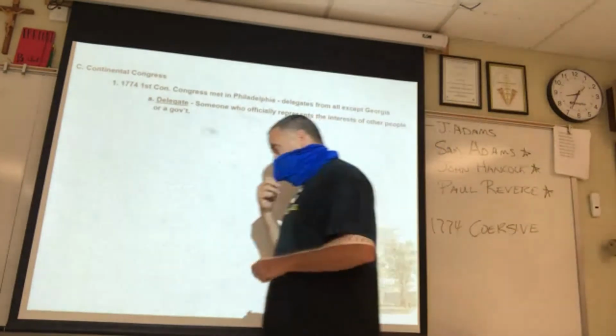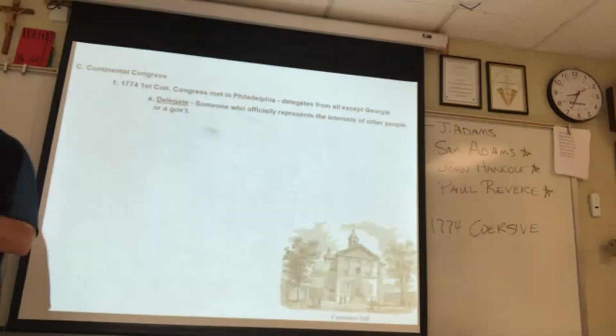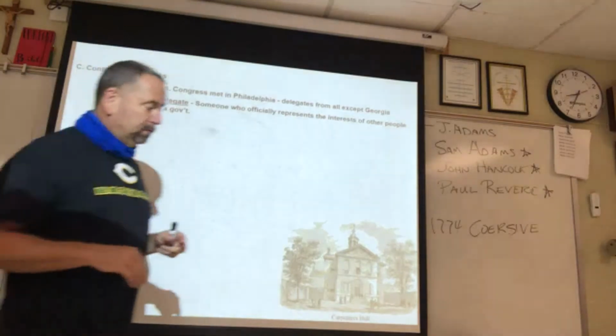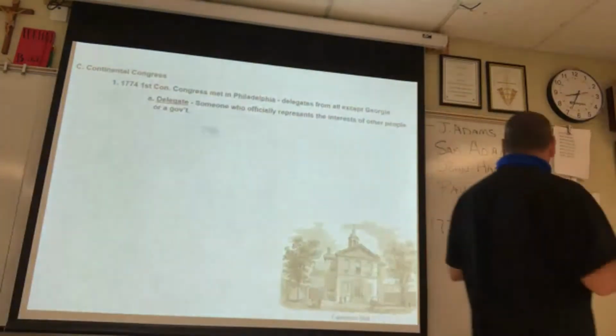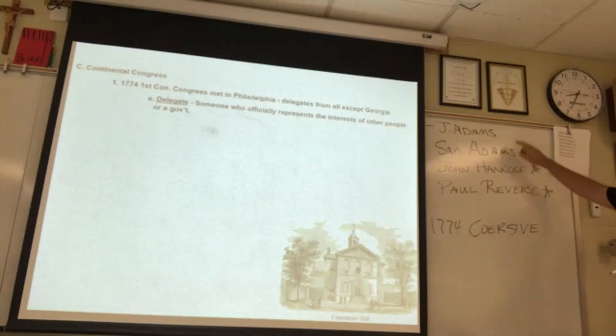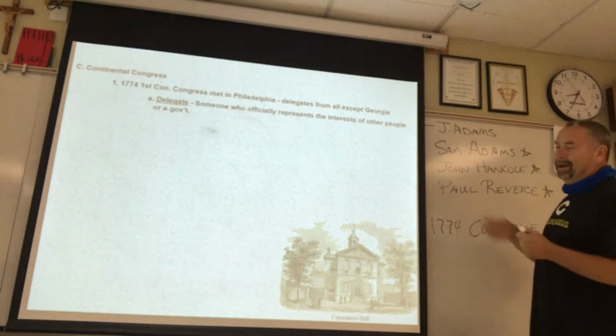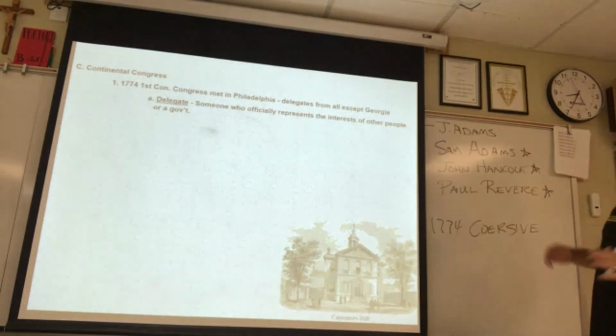Now, in this First Continental Congress, representing Massachusetts will be John Adams, Sam Adams, and John Hancock, and another guy, Elbert Gary, that you don't need to know.